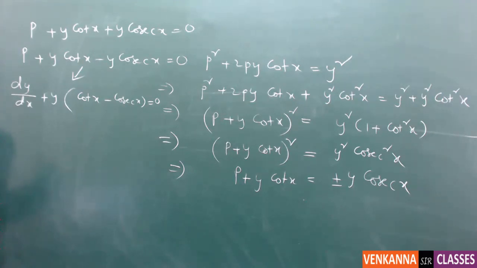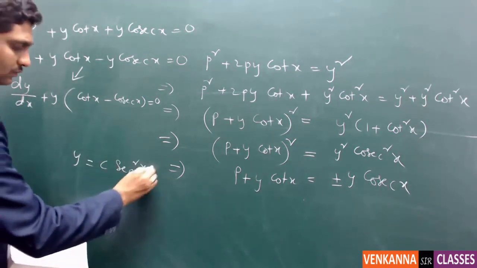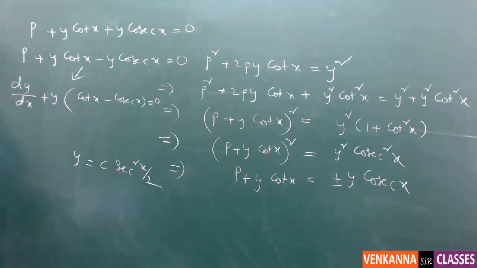Acceptable. Right? I will write the simplified answer for you. The same simplified answer. y is equal to c secant square x by 2 is one answer.